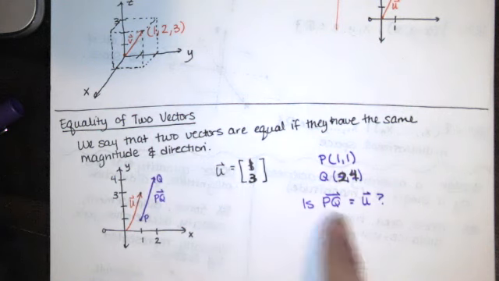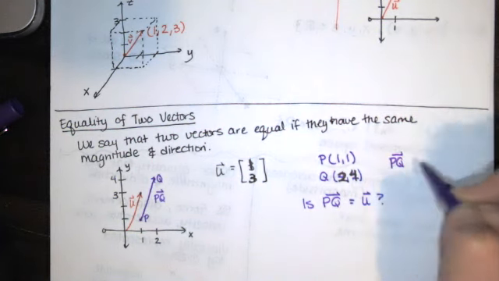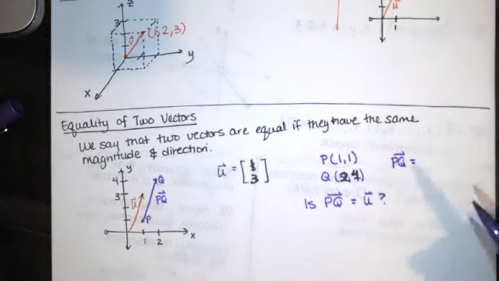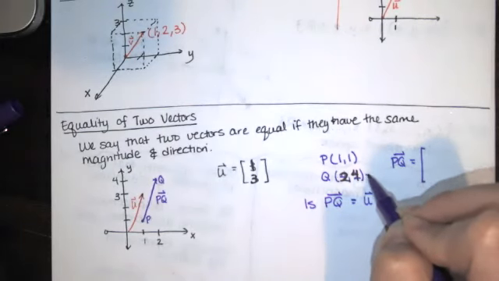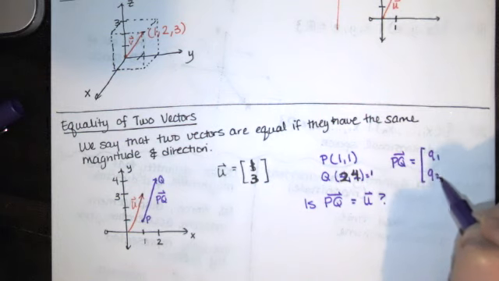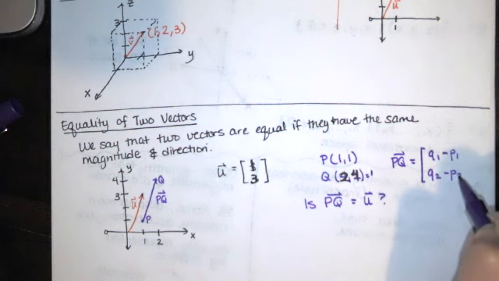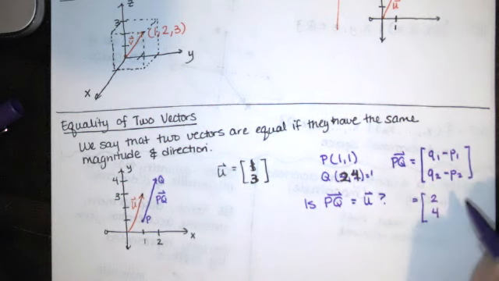Another way that you can check that the vector PQ and the vector u are the same is by writing the vector PQ in what's called component form. The way we do that is we take the coordinates of Q, which I'll call Q1 and Q2, and then we subtract the coordinates of P. In our case, Q1, Q2 is 2, 4.